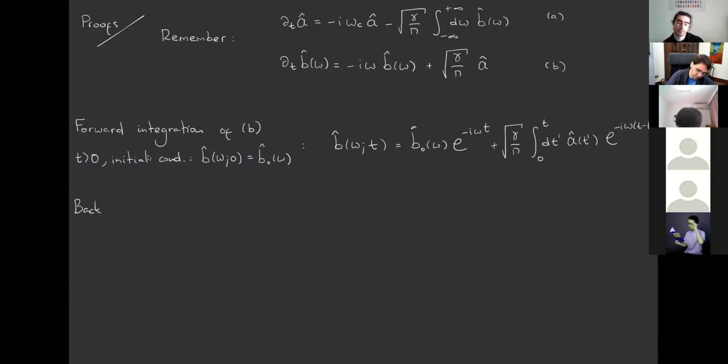That is what we call the backwards integration of B, which now means the following. Imagine that you are interested in some very long time that we call t. So that's your final time for the experiment. So you don't care what happens after that.